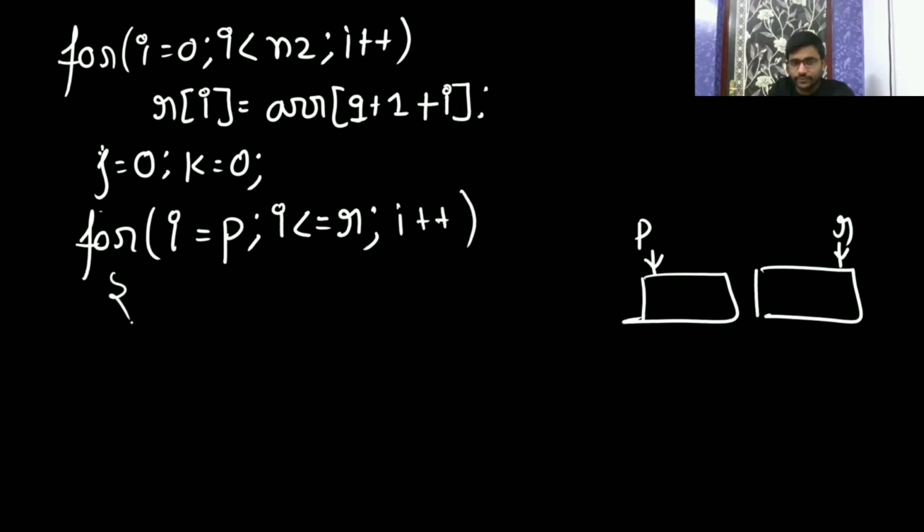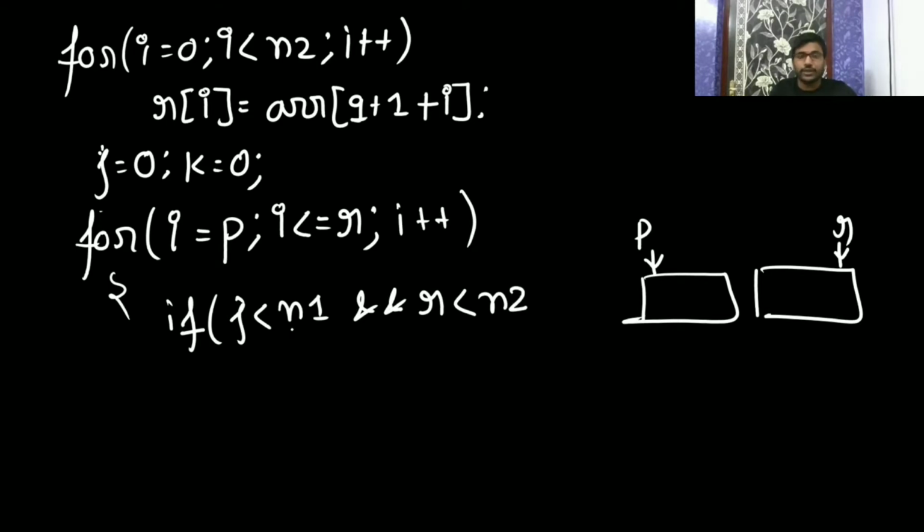Now I will check if j is smaller than n1 and k is smaller than n2.